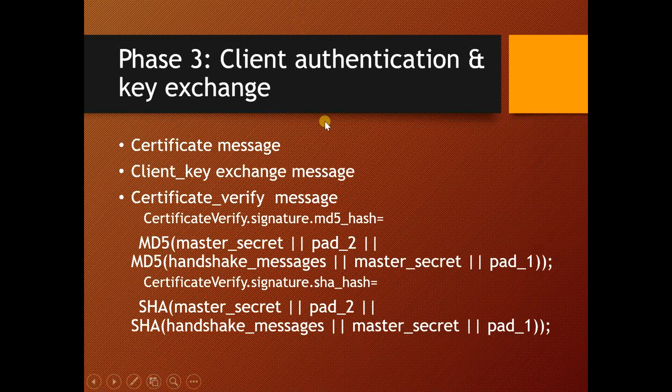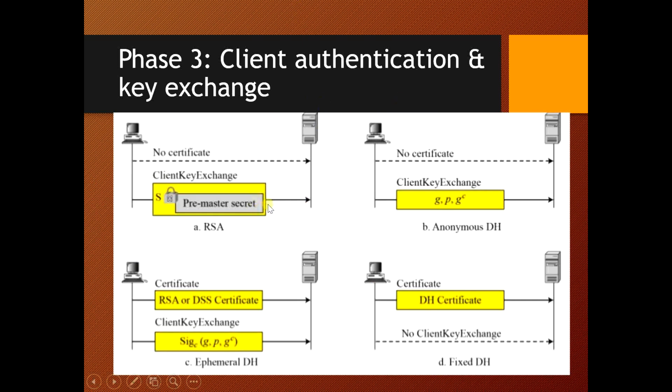If we go for RSA, the client will generate a 48-byte pre-master secret and encrypt it with the public key from the server certificate or a temporary RSA key from a server key exchange message, and it will use it to compute a master secret which will be sent to the server.